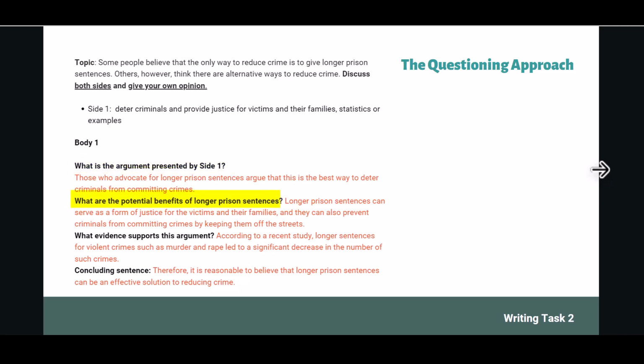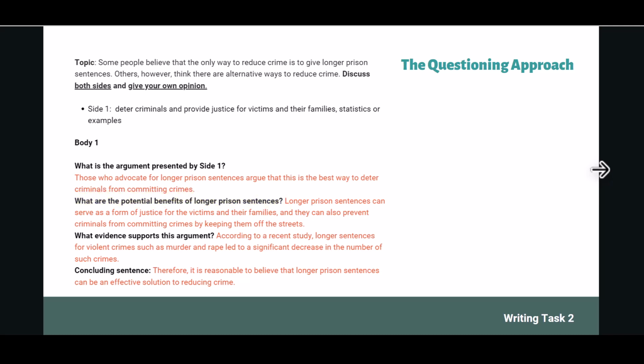What are the potential benefits of longer prison sentences that this group considers the best way? Longer prison sentences can serve as a form of justice for the victims and their families, and they can also prevent criminals from committing crimes by keeping them off the streets.